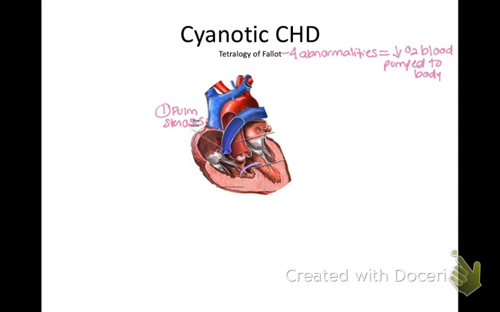So that pulmonic valve right there that should be receiving blood from the right ventricle should be nice and flappy, right? Ready to take it on. But it's all stenotic, meaning it's hard and sticky and trying to open up. So because of that pulmonic stenosis, it's really hard to get blood into the pulmonary arteries, and that right side of the heart has to work really hard. So you have right ventricular hypertrophy.